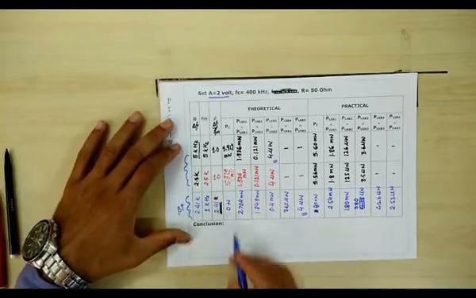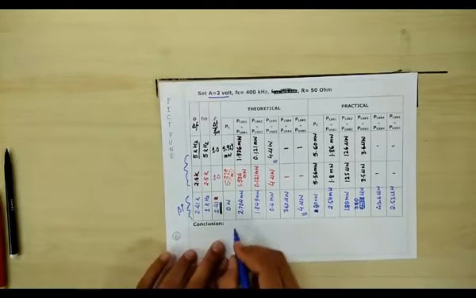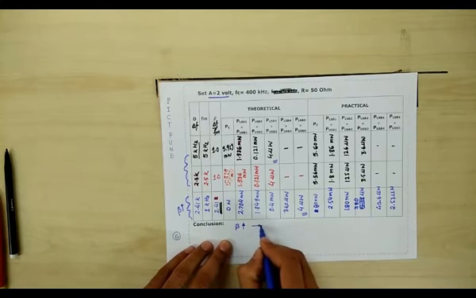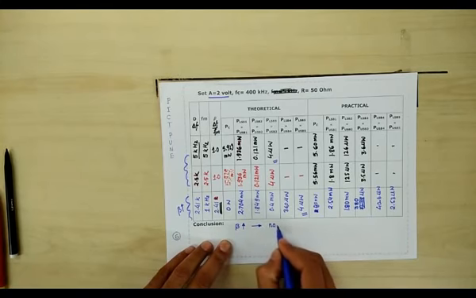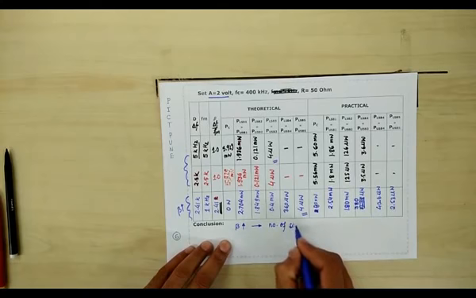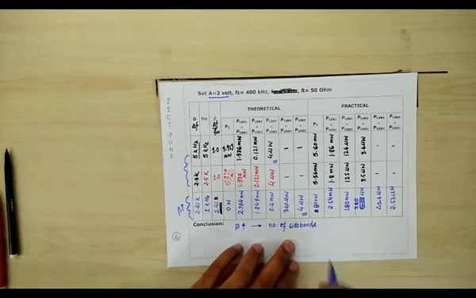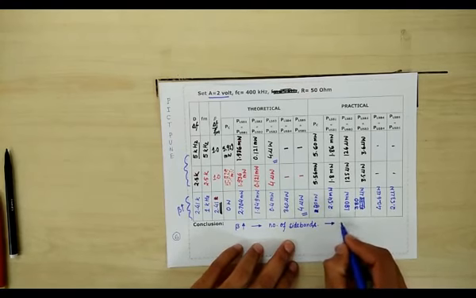If you see this one, as we change our beta values, if you increase beta, it increases the number of sidebands, so hence it increases the bandwidth.